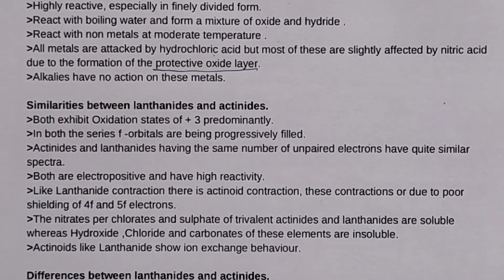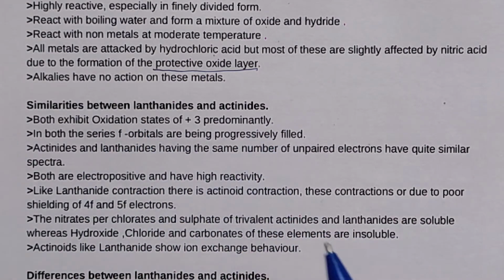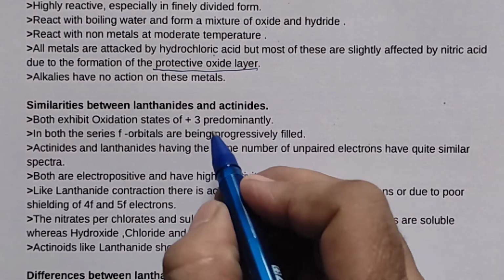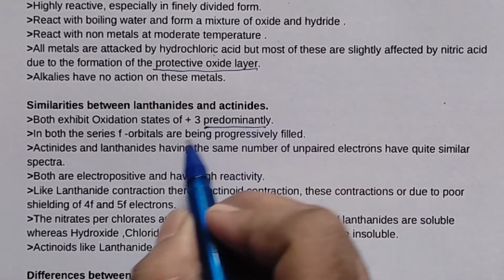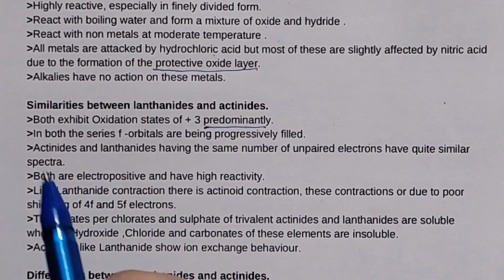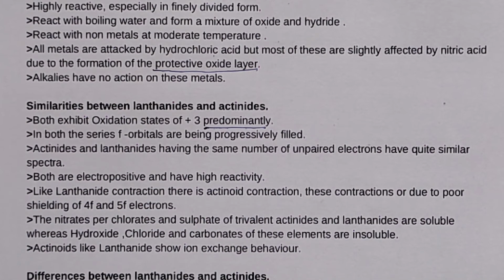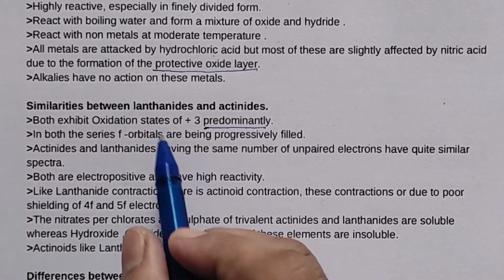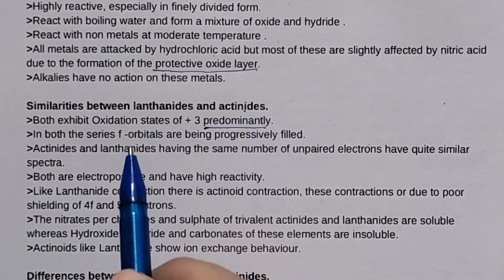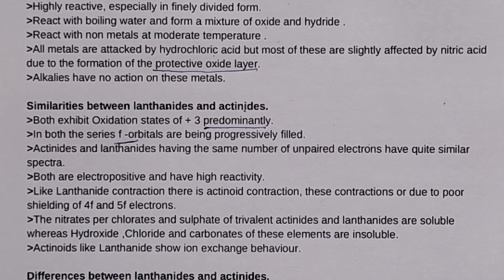These are the similarities. Both exhibit the +3 oxidation state predominantly. Though they also exhibit some other oxidation states, the most common oxidation state exhibited in both is +3. In both, the f orbital is being filled, 4f for lanthanides and 5f for actinides.